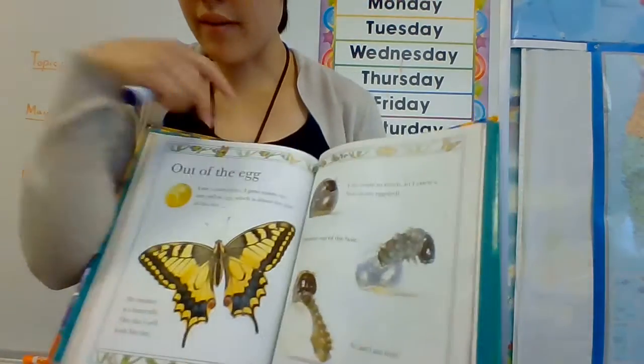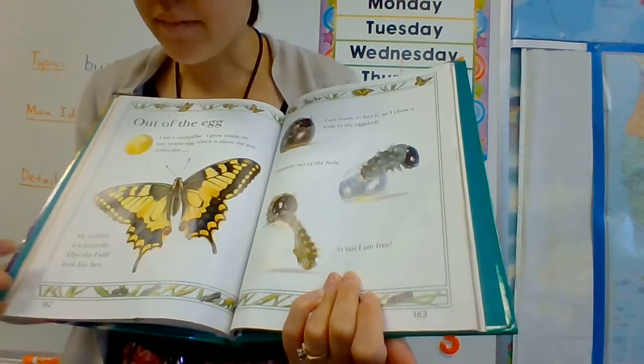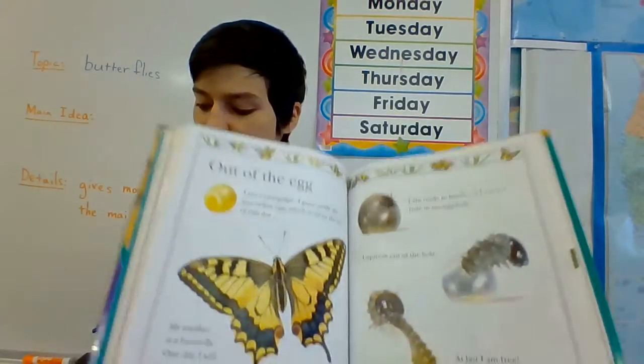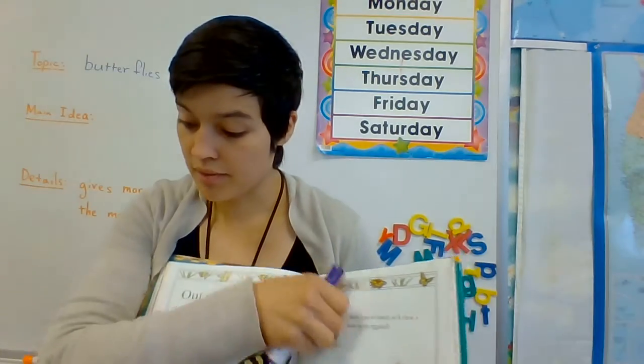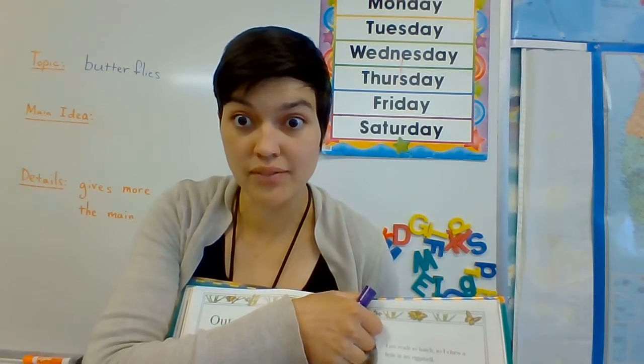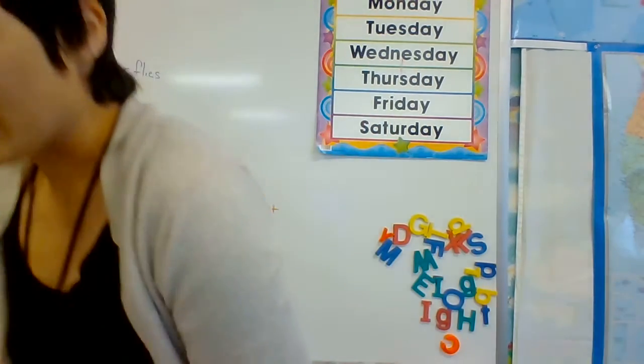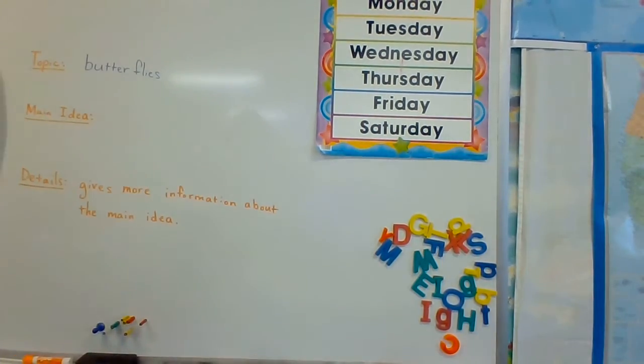So in this story, the main idea is that a butterfly goes through many stages before it actually becomes a butterfly. So that is our main idea. Let me write that down.